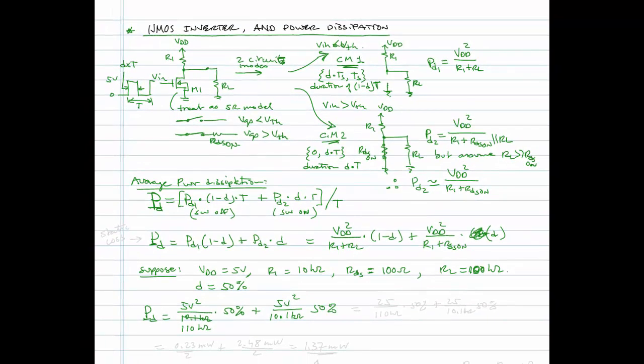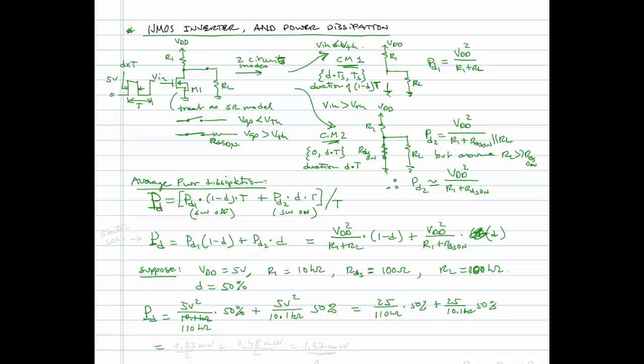Okay. So what do we have? We have about 25 over 110 kilo ohms times 50% plus 25 over about 10.1 kilo ohms times 50%.